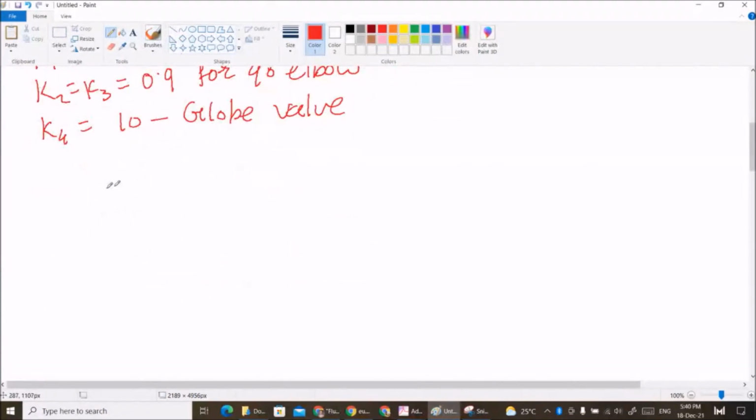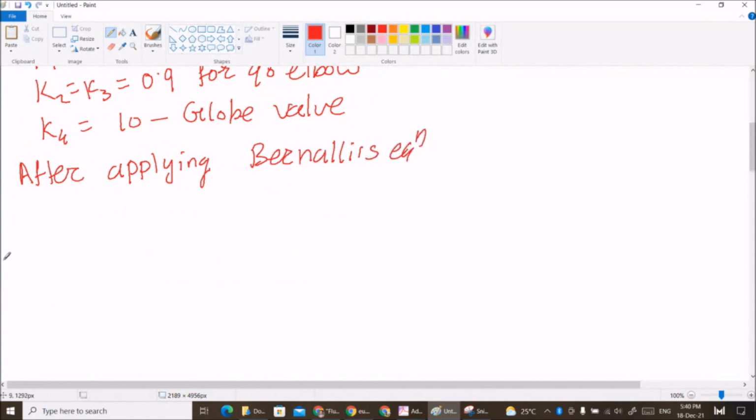So after applying Bernoulli's equation, we can write the total head H1 is equal to V square by 2g. I will take it common because it will be multiplied to the others.